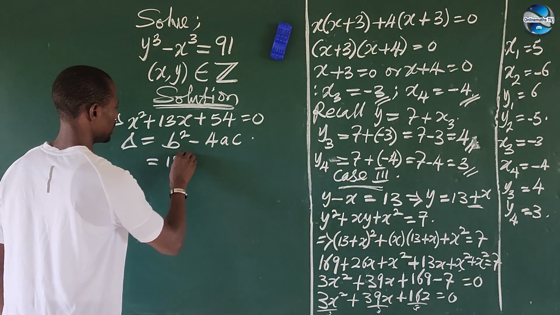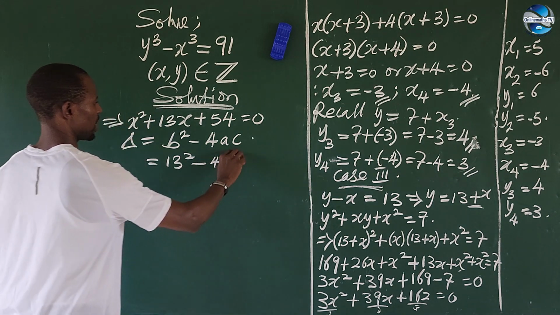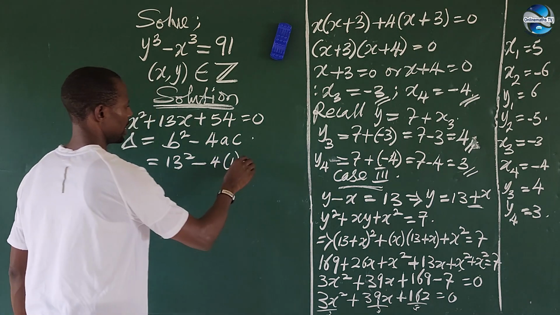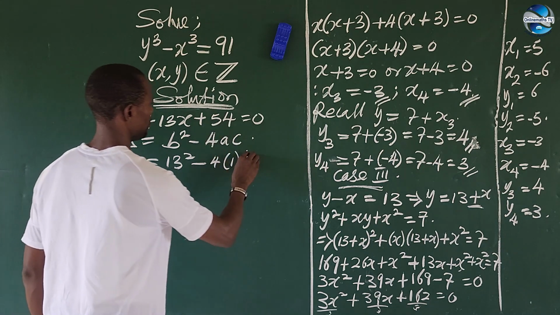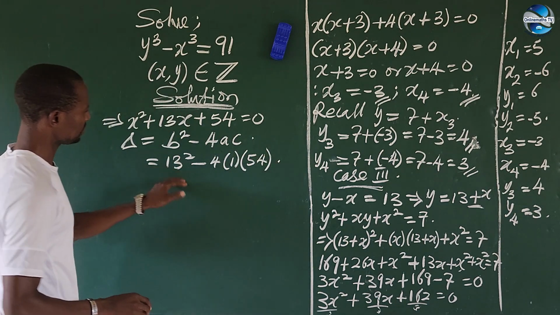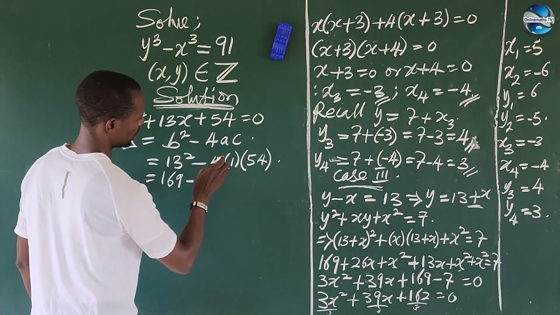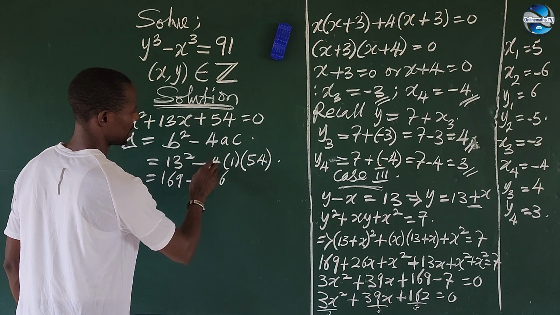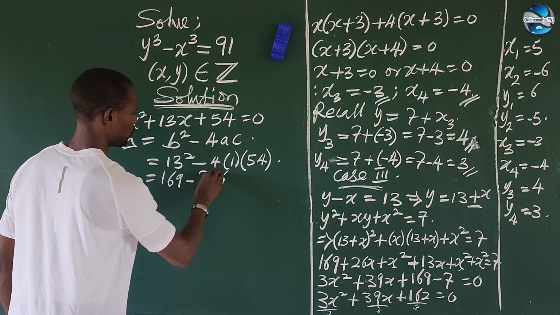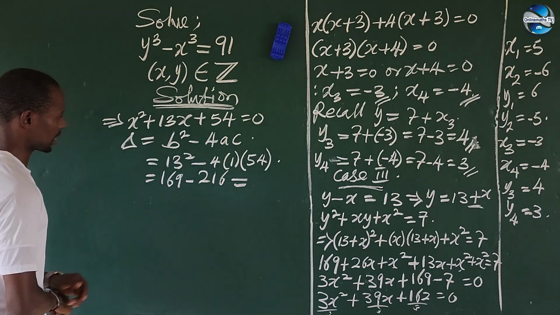So we're going to have 13 squared minus 4 into our a, the coefficient of x squared, which is 1, then into our c, which is 54. So from here, this will give us 169 minus 216.